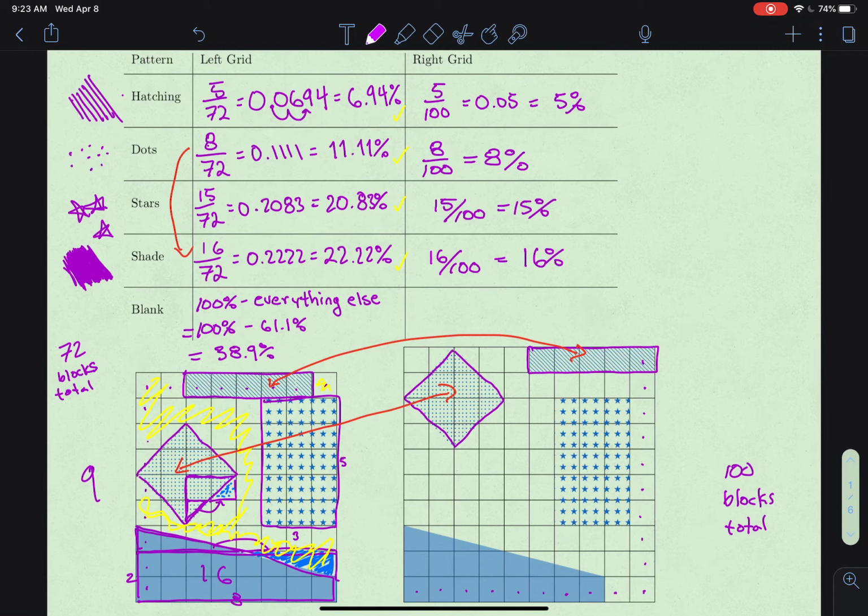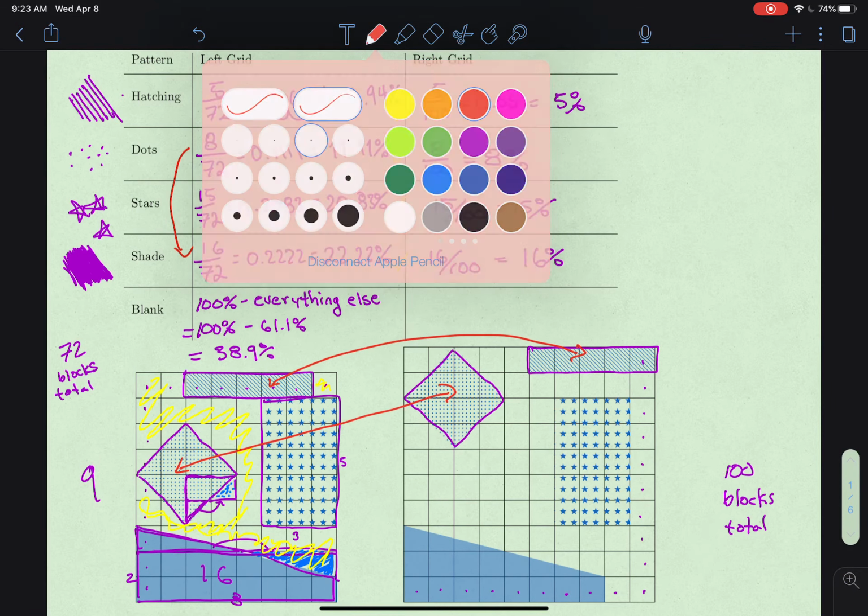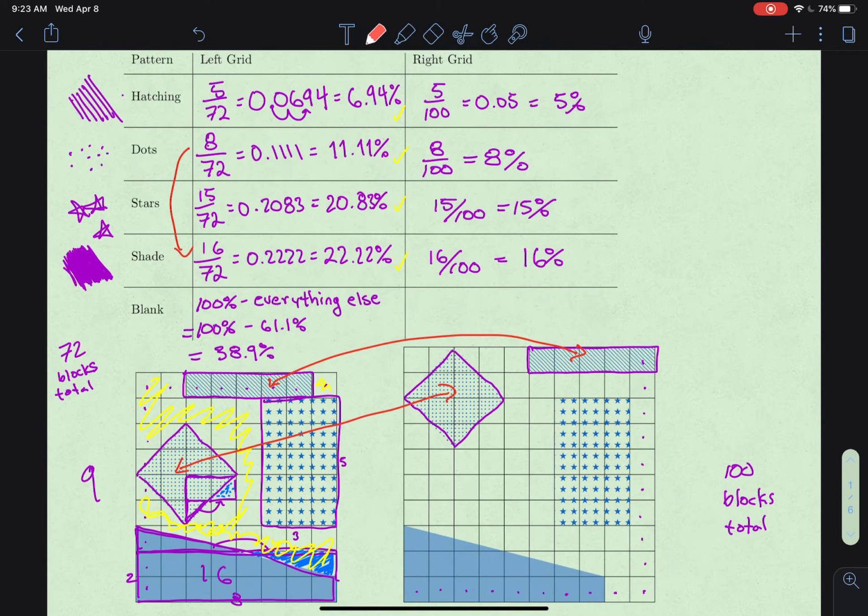So notice that all of these numbers are also smaller than their companion in the left grid. So 5 is less than 6.9, 8 is less than 11, 15 is less than 20. And that's because we covered the same number of squares, but the total number of squares was larger in the right grid. So you cover a smaller percentage of the entire shape.